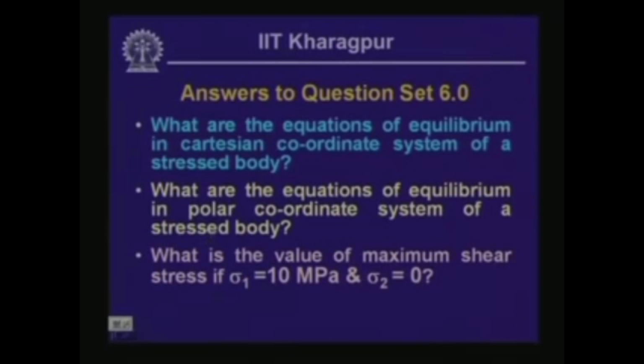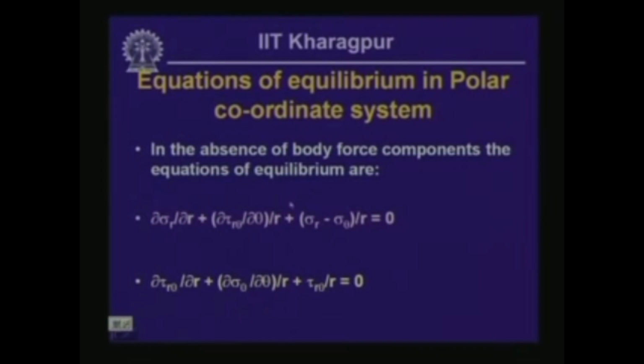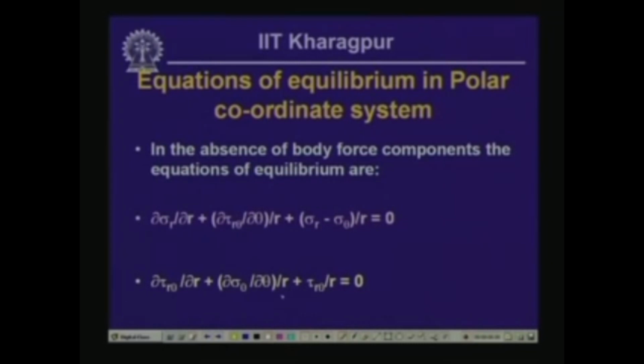The second question posed was, what are the equations of equilibrium in polar coordinate system of a stressed body? This particular aspect was discussed in the sixth lesson of module 1, wherein we had defined the stress components, the radial stress sigma r, the circumferential stress sigma theta, and we had seen how to derive these equations of equilibrium.